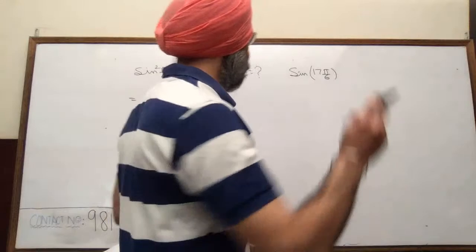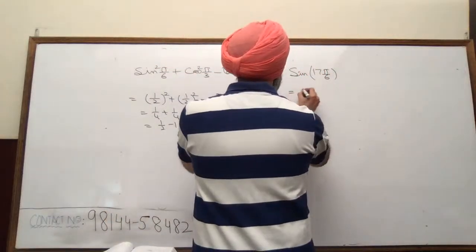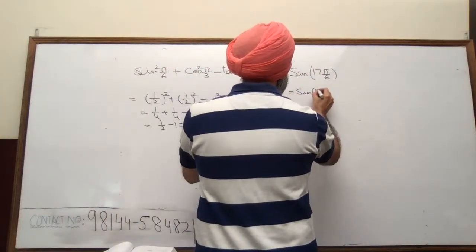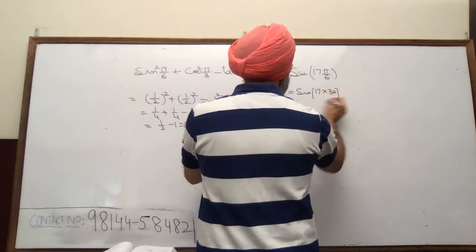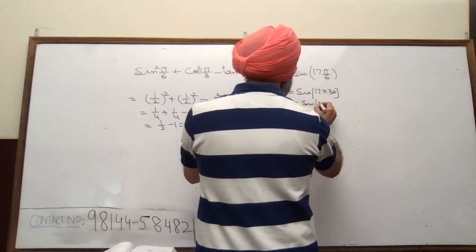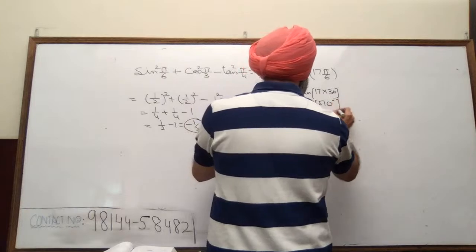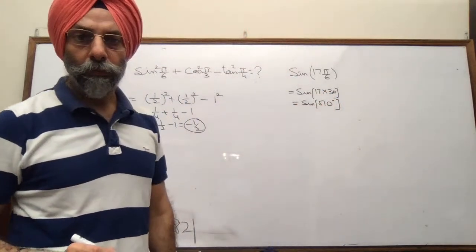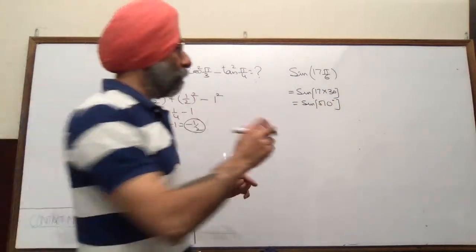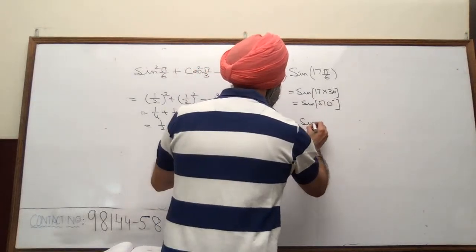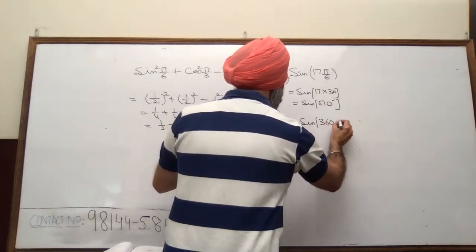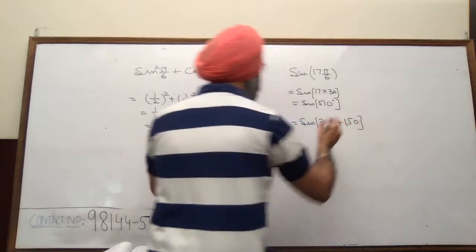So now let me solve this question. First of all, I can write this as sine of 17 into 30, which is your sine of 510 degrees. So one complete rotation, it is sine of 360 plus 150 degrees.